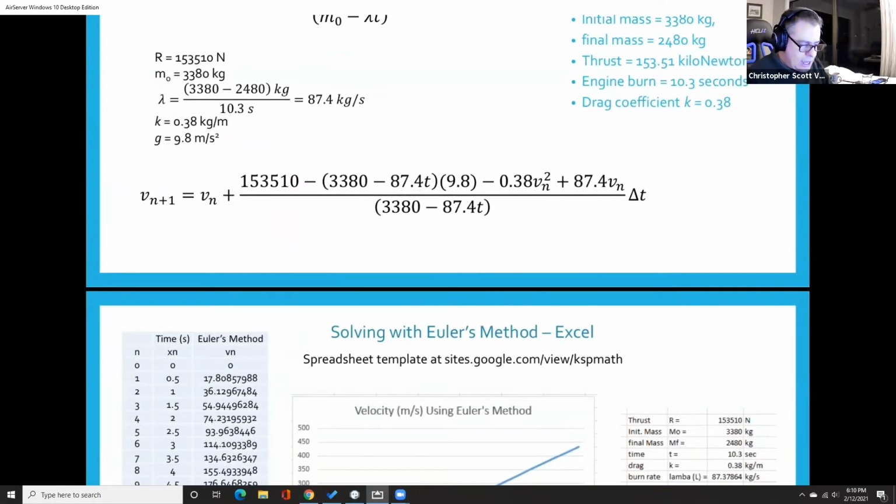So when I plug in my initial velocity and my delta t, and I use these other constants in our equation, then I can get the velocity at time 0.5, and then I can use that time 0.5 and the new velocity to get the next velocity.